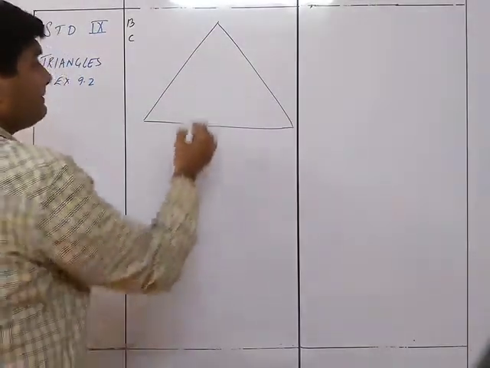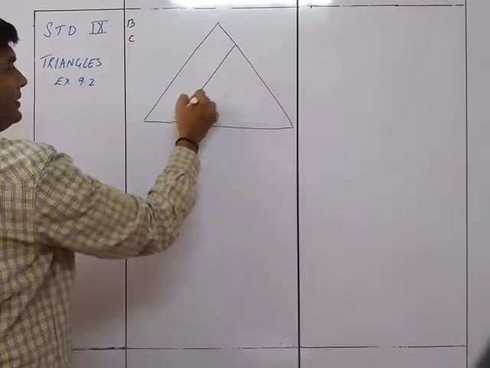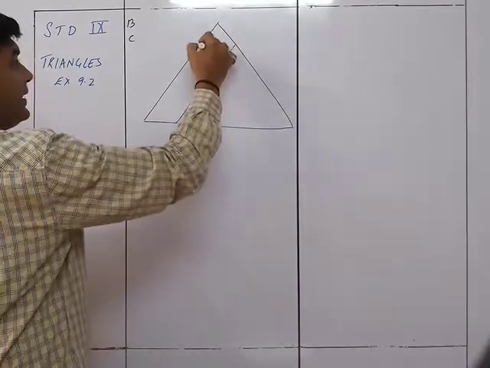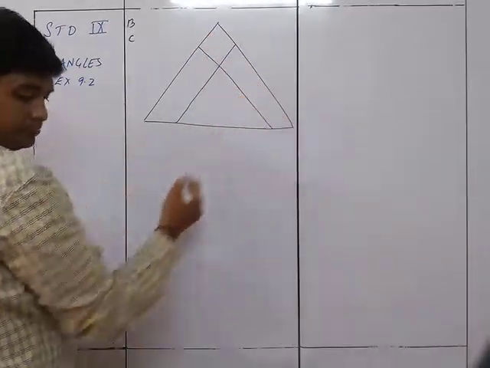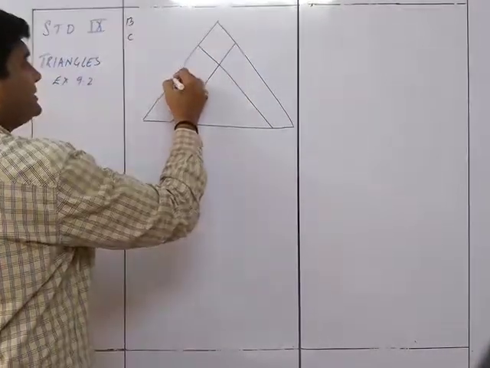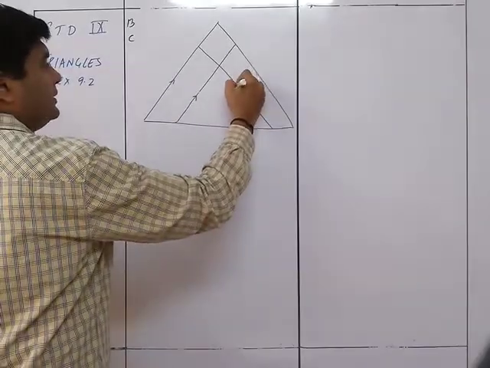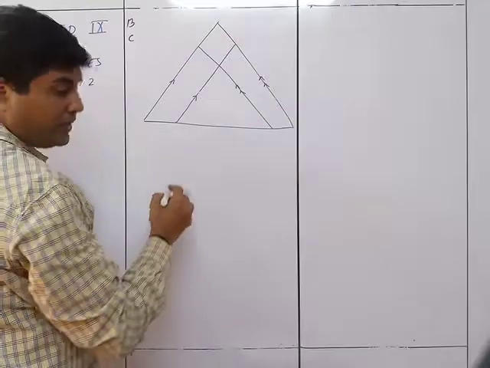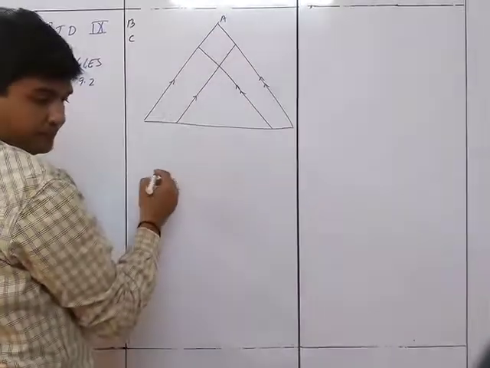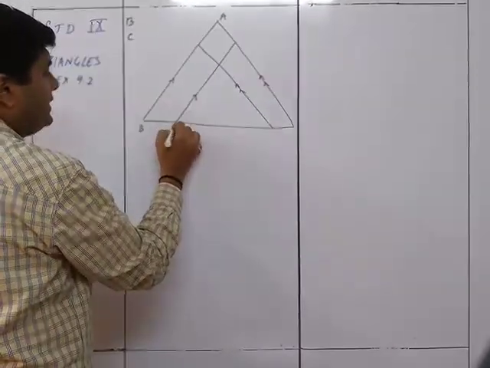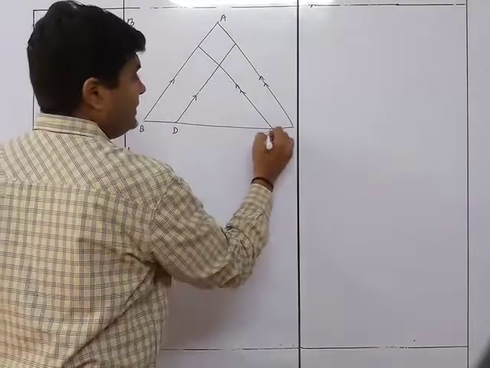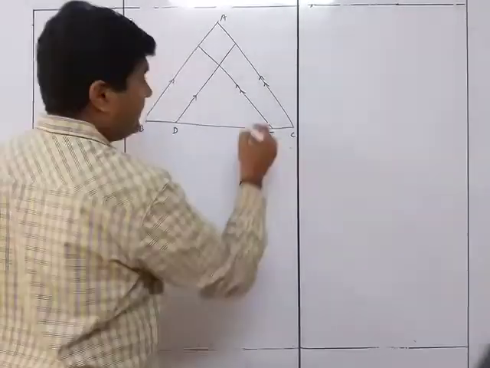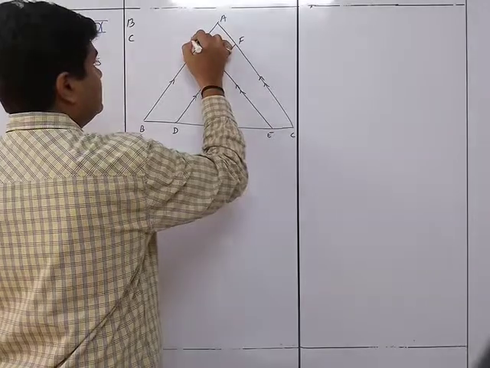Okay, this one, a parallel line here and a parallel line like this. So we have got this line parallel to this line, this line parallel to this line. So accordingly we have got over here A, B, D, E, C, F and G.